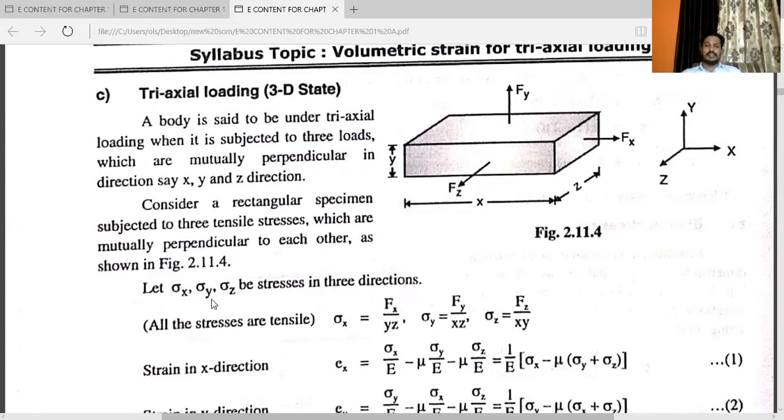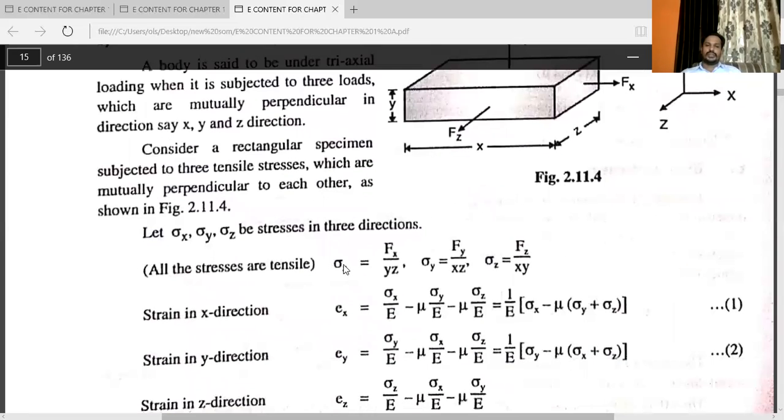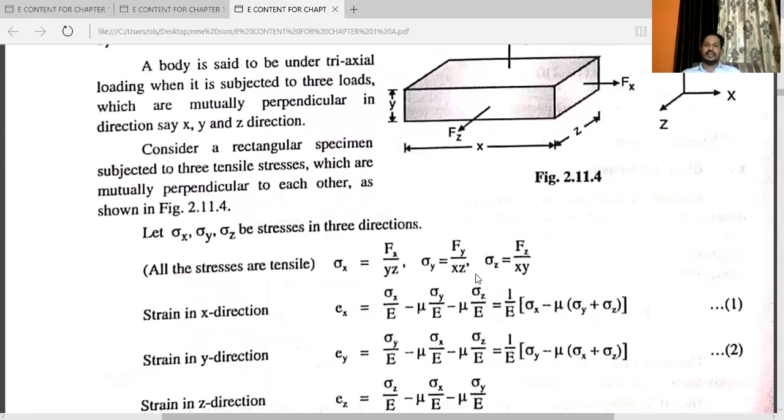Let sigma x, sigma y, and sigma z be the stresses in three directions. So sigma x is equal to Fx upon yz, sigma y is equal to Fy upon xz, sigma z is equal to Fz upon xy.